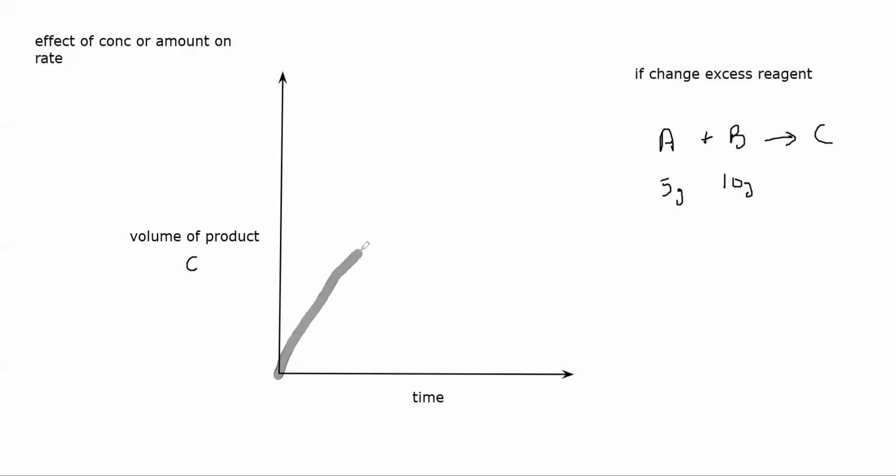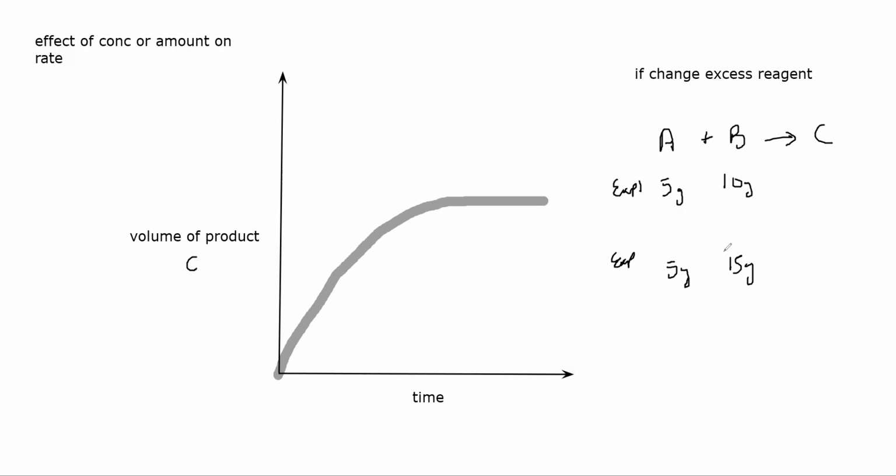So this was the original graph. If I change the excess reagent, this was experiment 1, but in experiment 2, I took 5 grams of A, but instead of 10 grams of B, I use 15 grams of B.